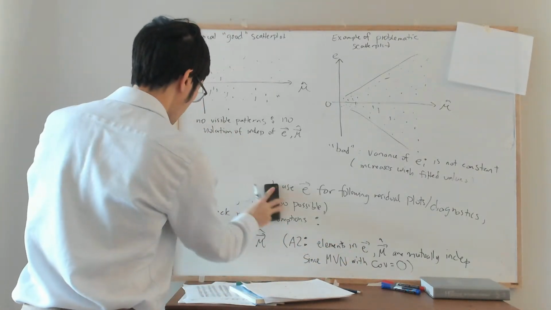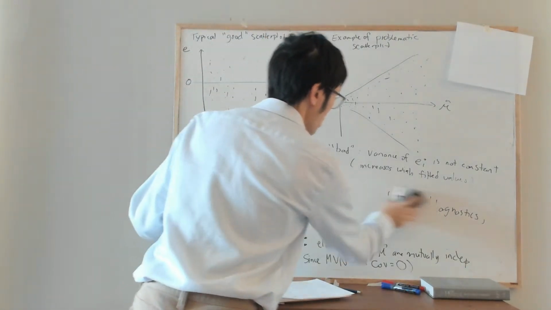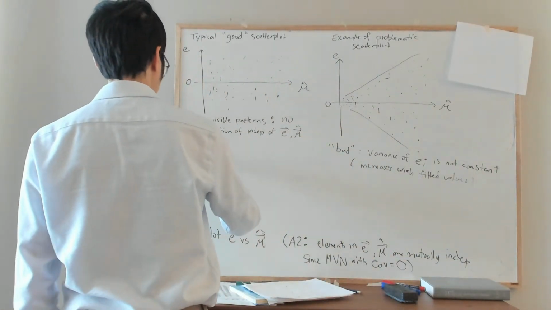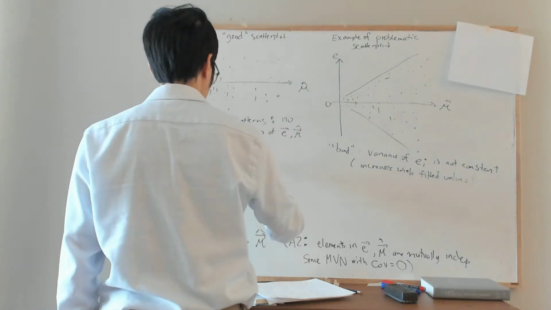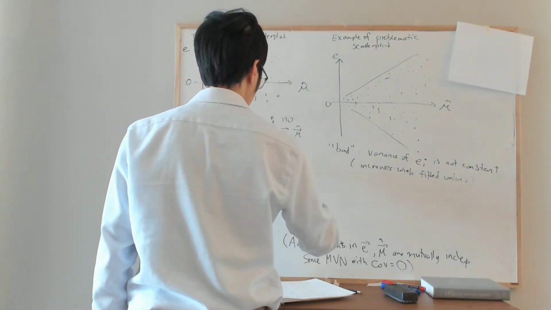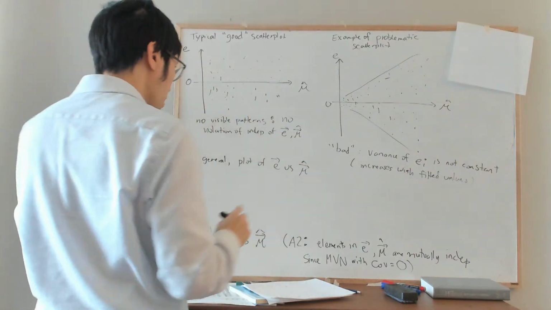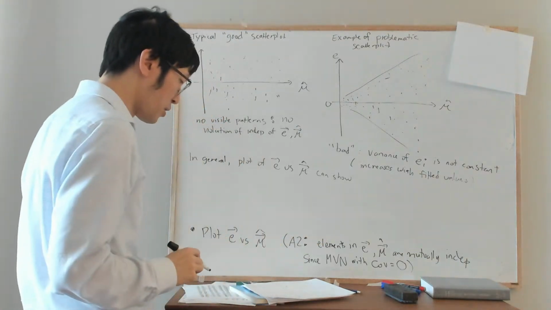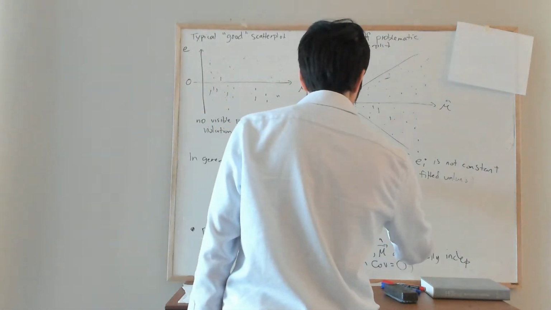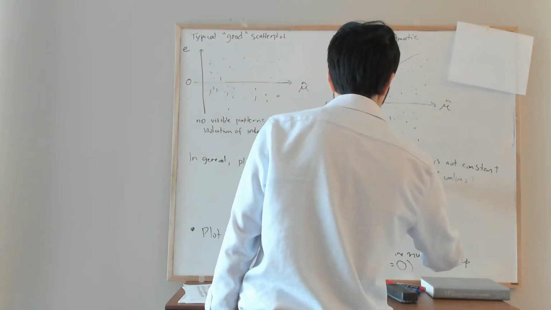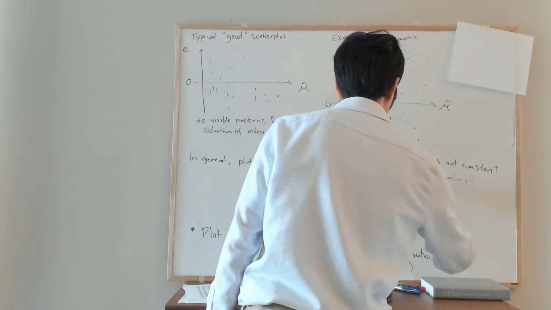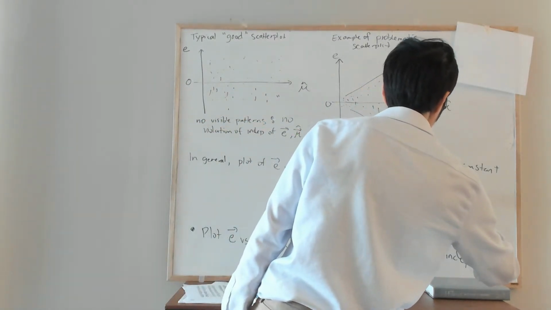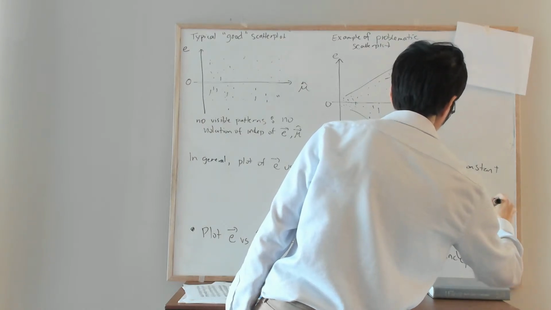So that's the first plot that we can make. In general, this plot of epsilon hat versus mu hat can show deviations from independence and the assumption of constant variance, if those assumptions are violated.